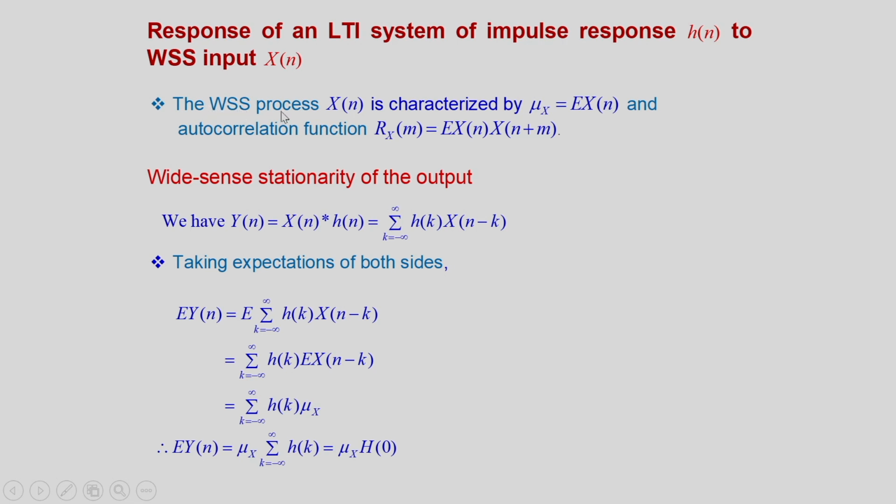Now, you know that the WSS process x[n] is characterized by mean mu x, that is E of x[n], and autocorrelation function Rx of m, that is E of x[n] into x of n plus m.